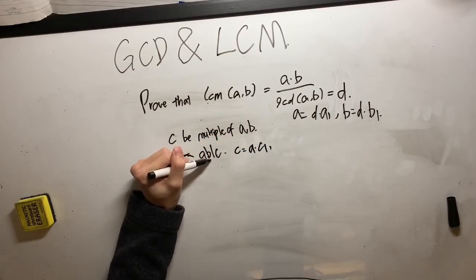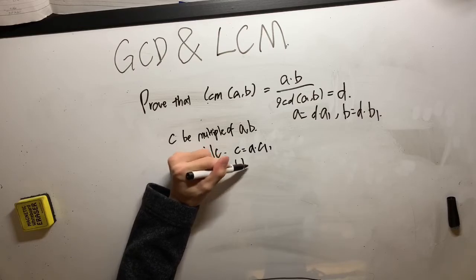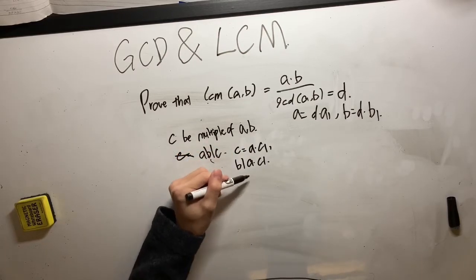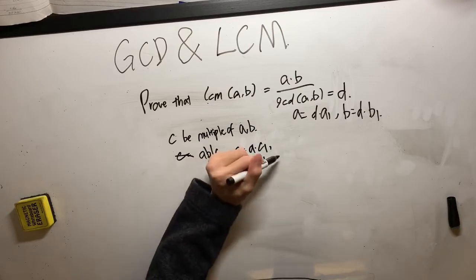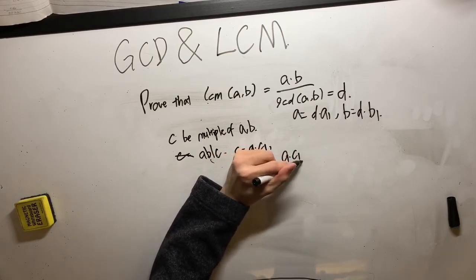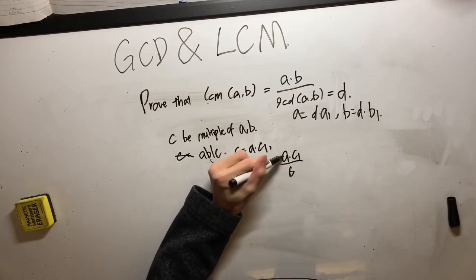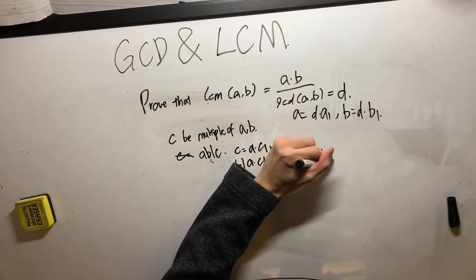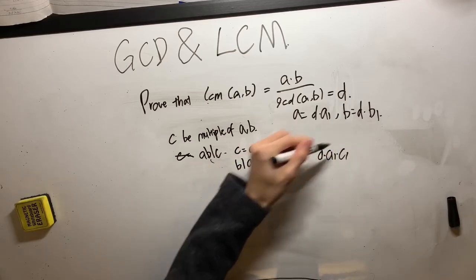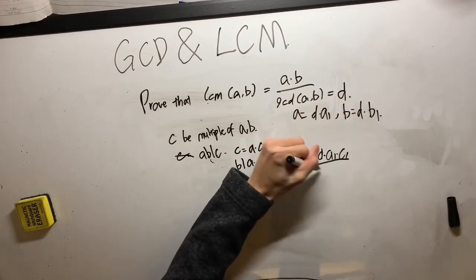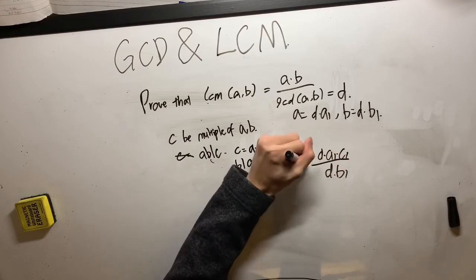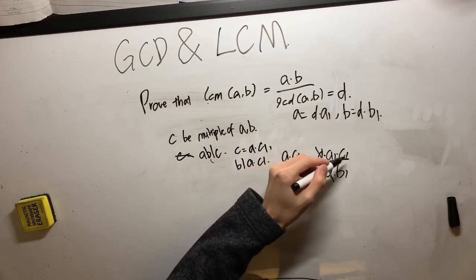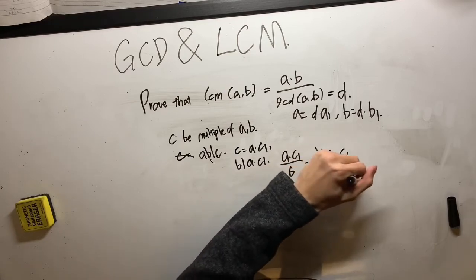and it follows that B divides A times C1. Let's make that into a fraction. So A times C1 over B, and A equals D times A1. So D times A1 times C1, and B equals D times B1, D times B1. And D can be cancelled out. So A1 times C1 over B1 is an integer.